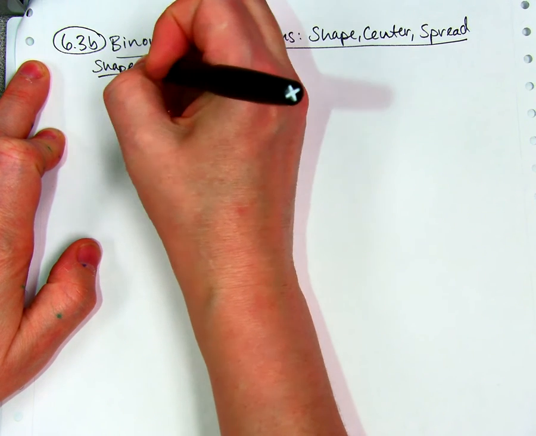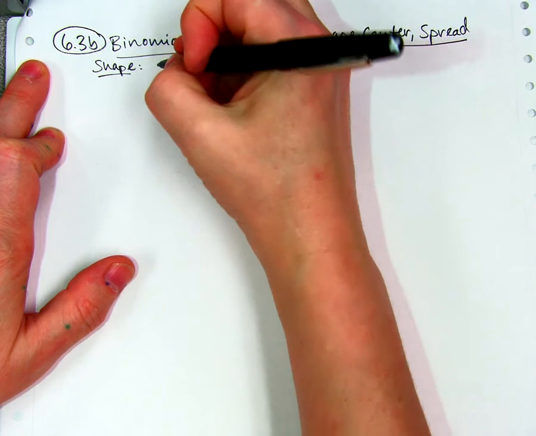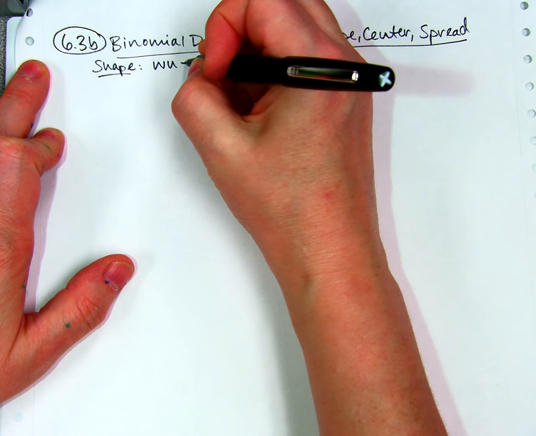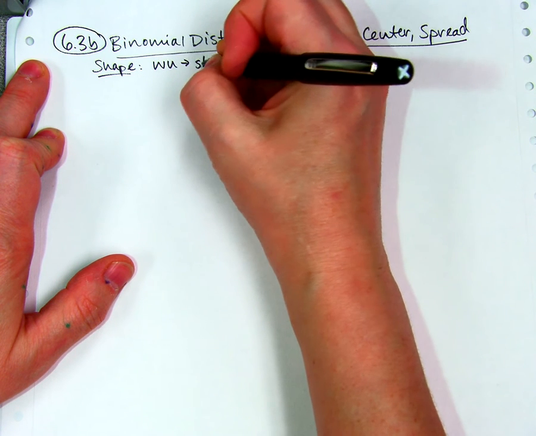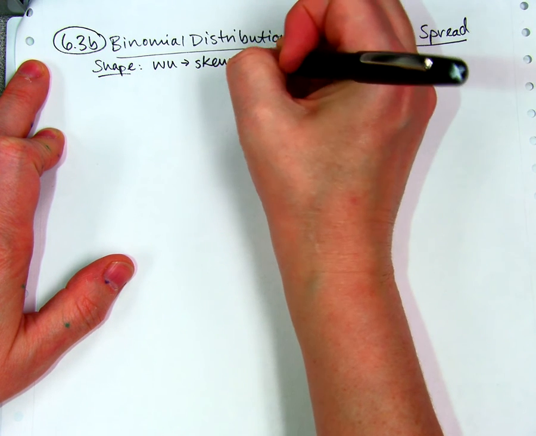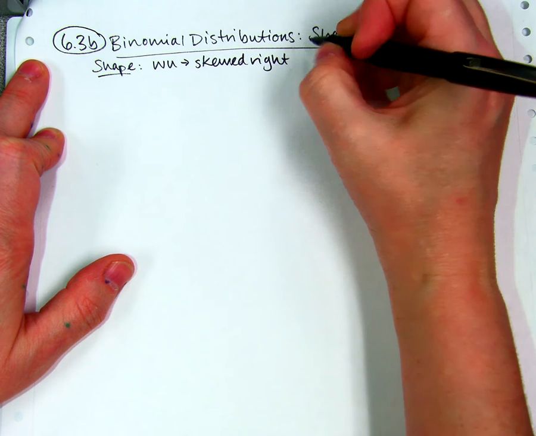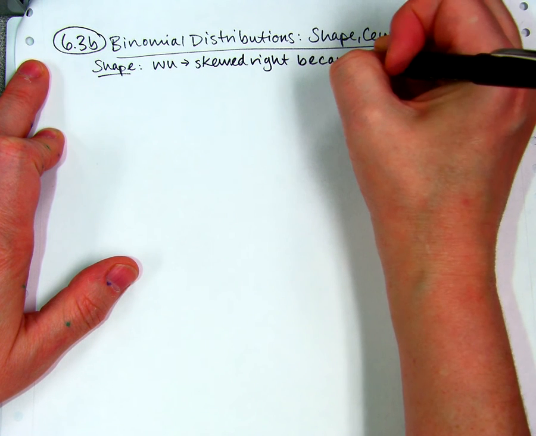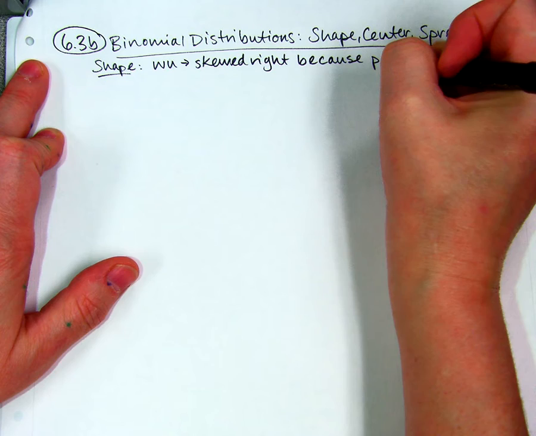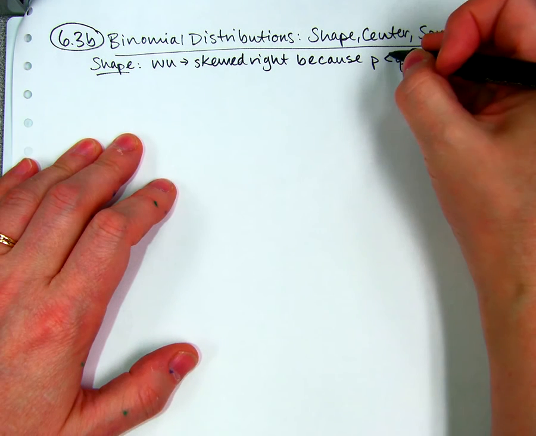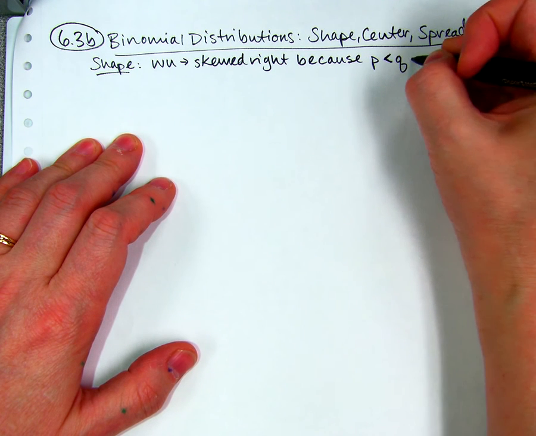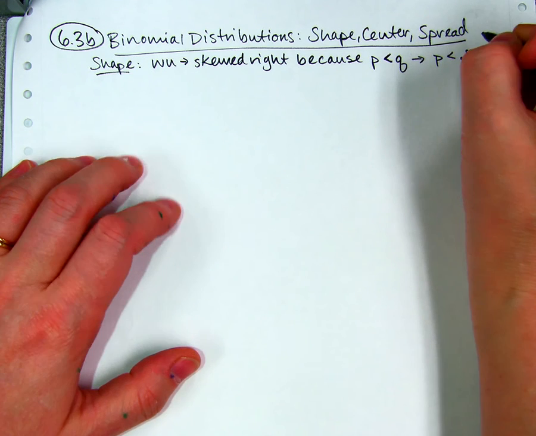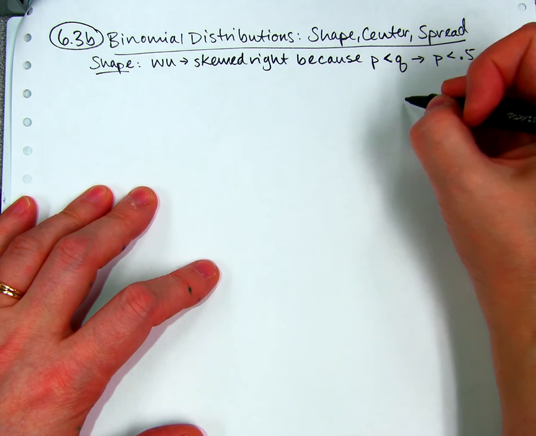Shouldn't surprise you, actually. So the one you saw in the warm-up was skewed right, but they're not always skewed right. The reason the one in the warm-up was skewed right is because P was less than Q. It was less likely to get a success and more likely to get a failure, or another way of saying that is that P was less than 0.5, less than half of a chance of getting a success.